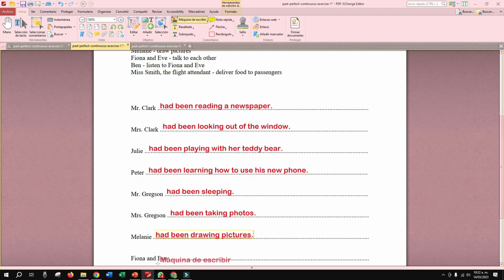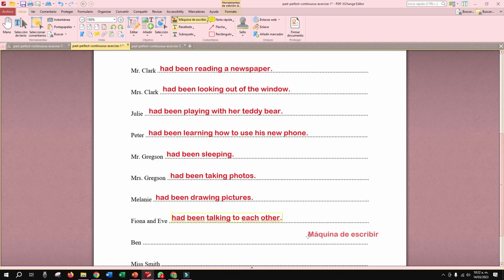Fiona and Eve, there you have talk to each other. Fiona and Eve, what, Mr. David? Had been talking to each other. Excellent, talking to each other. That's good. Fiona and Eve had been talking to each other.